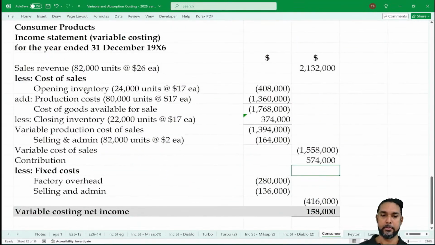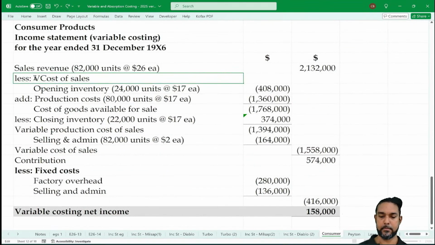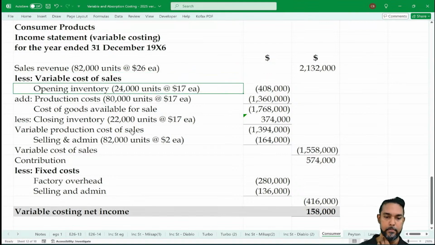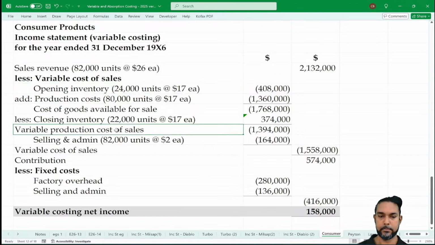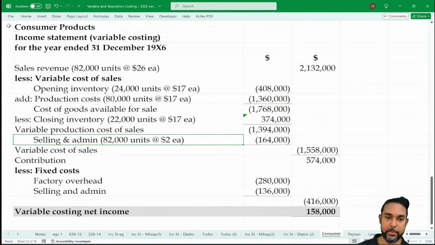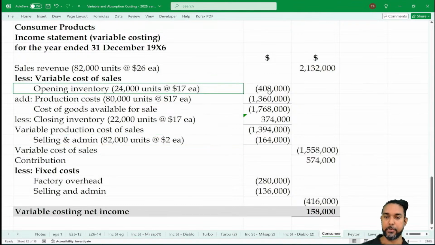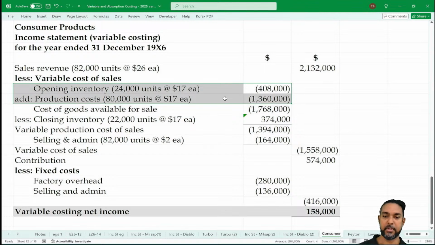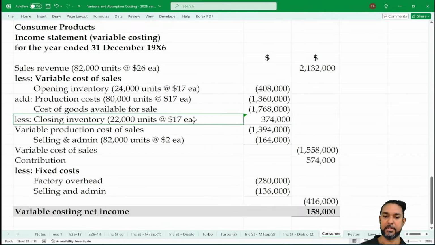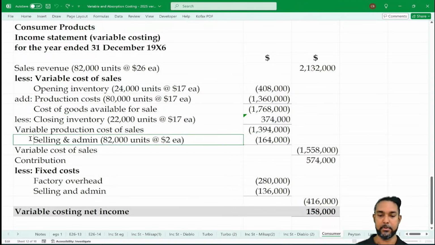So variable cost of sales. Okay, so this is the other way you could do it with the conventional opening inventory plus production costs, giving us cost of goods available, and then subtracting the closing inventory to get variable production cost of sales, and then variable.